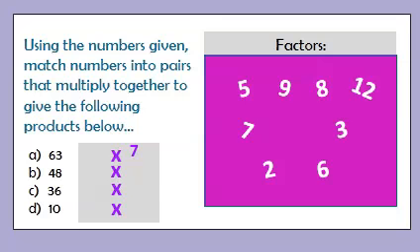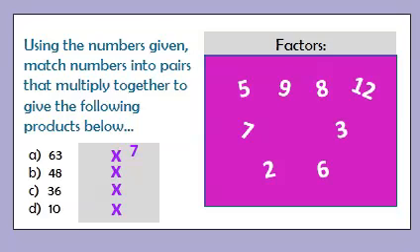Look at this table. The table contains numbers such as 5, 9, 8, 12, 7, 3, 2, and 6. Using those numbers, you have to match numbers into pairs that you multiply together in order to get, in the first case, 63.